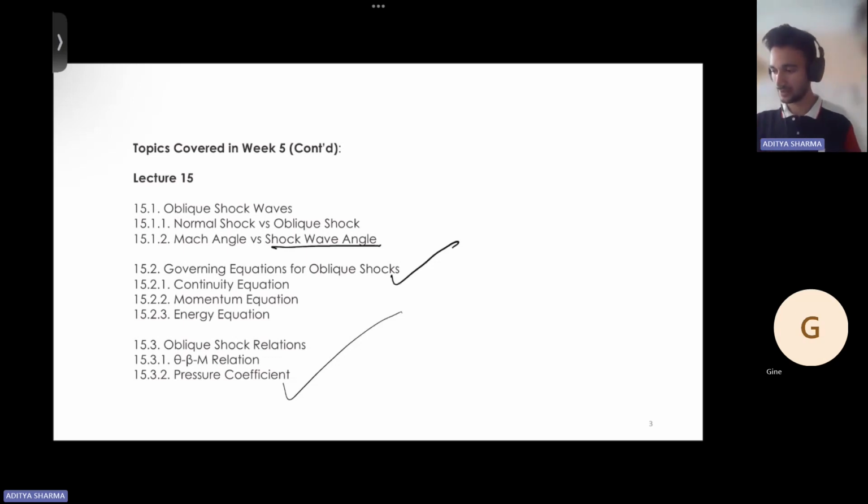And then there is an expansion wave numerical, and also a theta-beta-M numerical.